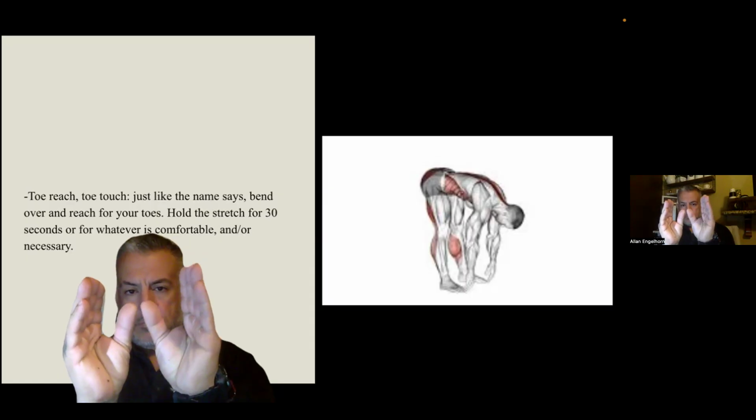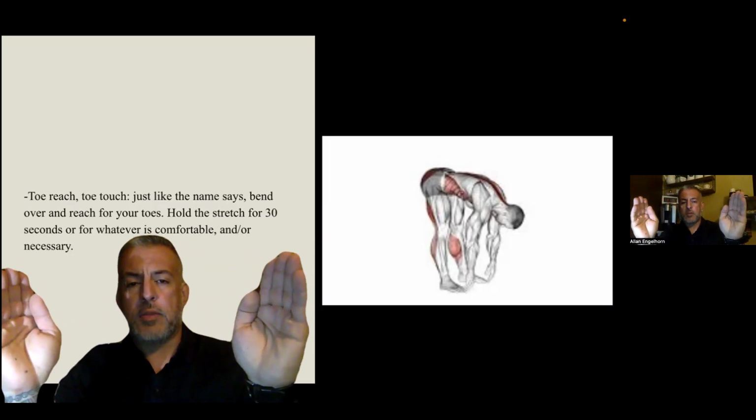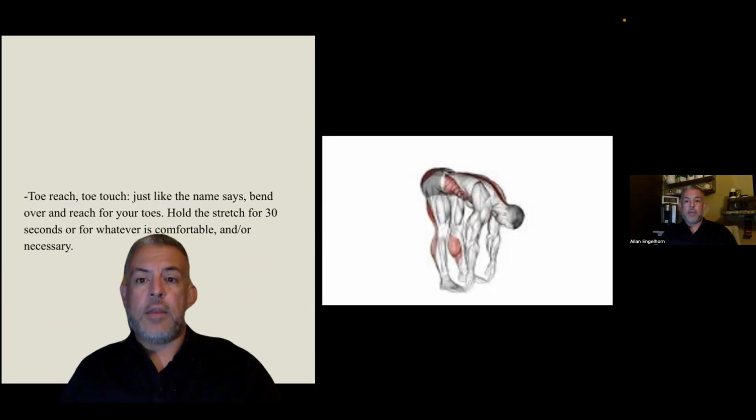So you're going to spread them all the way out to about 3 to 4 feet. And then you're going to lean over like you're going to tie your shoes. Lean over and reach for your toes, reach for the ground, or you could isolate the sides. So you could reach for your left foot or reach for your right foot and then reach right back down the middle again.